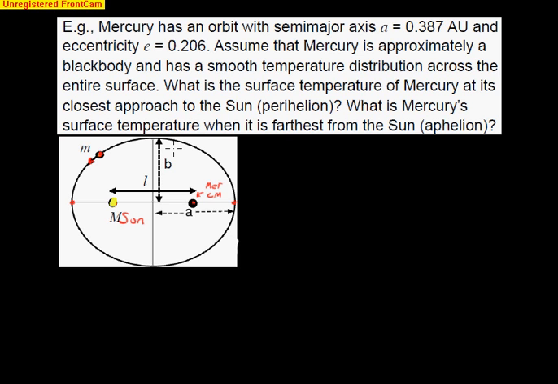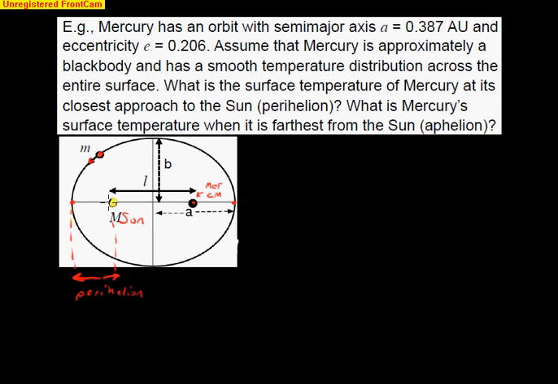Okay, so we know from the earlier slides that we're looking at this. The closest approach to the Sun from Mercury is this distance right here. So from here to here is the perihelion. And what is that?